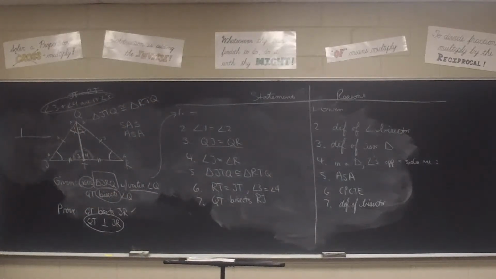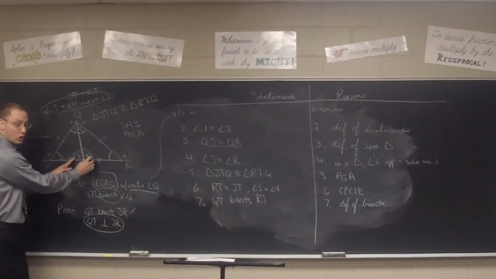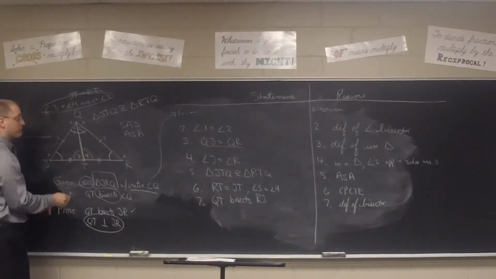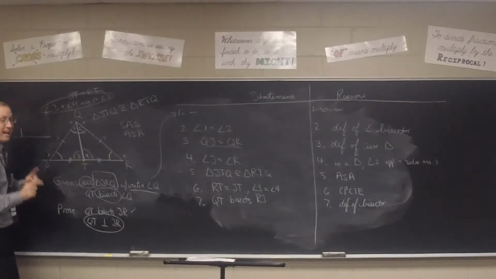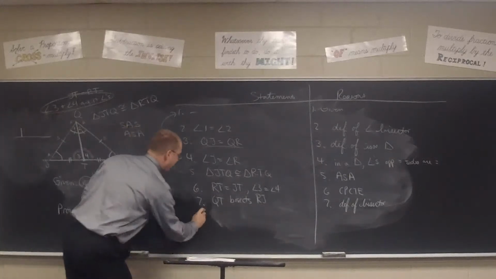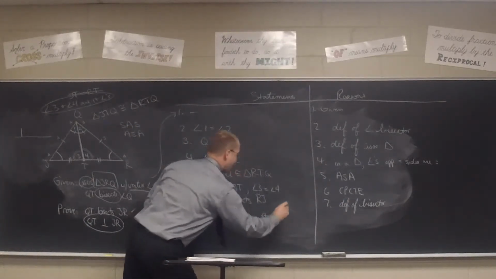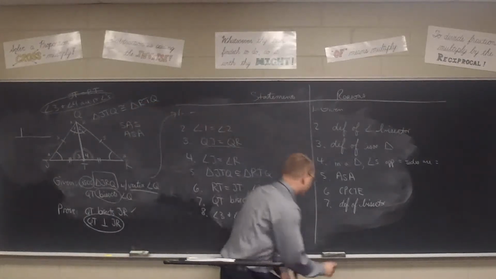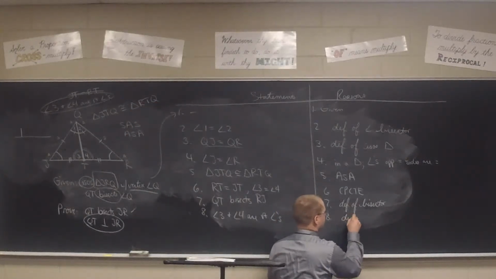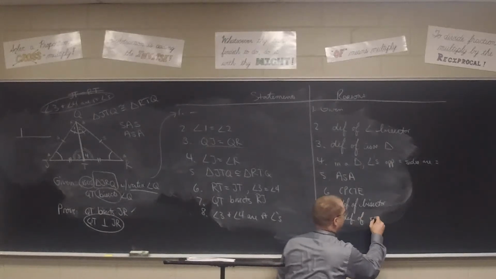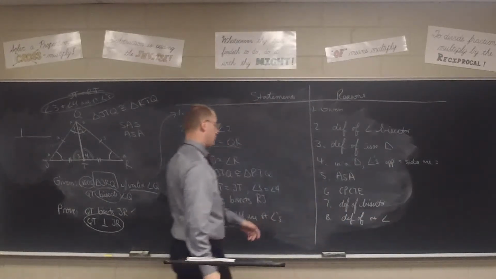So now that we know that, yes, they are equal adjacent angles formed when two straight lines intersect, by definition, number 8, angle 3 and angle 4 are right angles, based on the definition of a right angle.